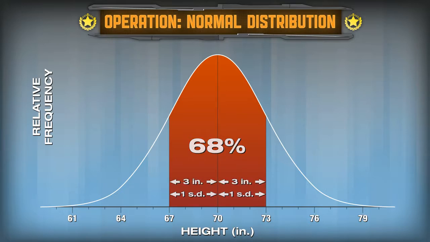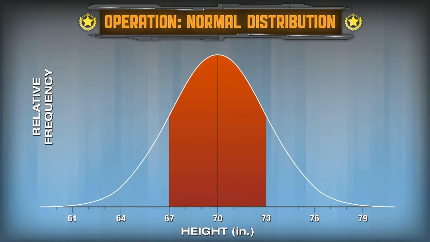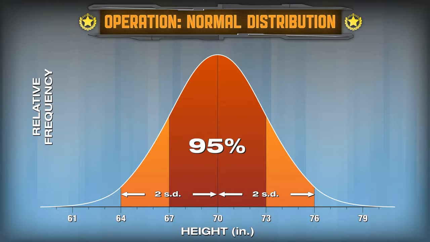Now let's look at what's happening within 2 standard deviations of the mean. That takes us down to 64 inches and up to 76 inches. About 95% of the population lies within 2 standard deviations of the mean. Be careful.